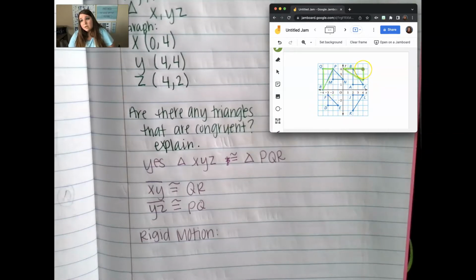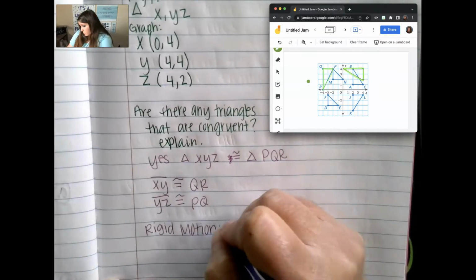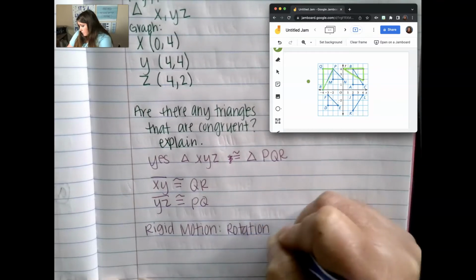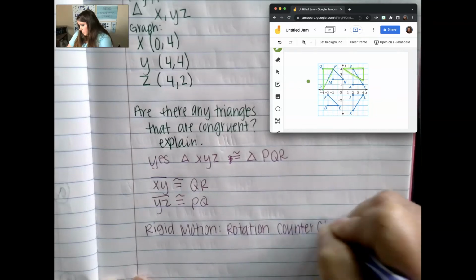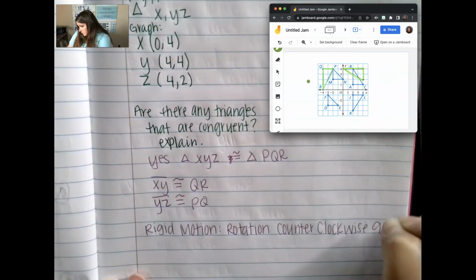So if we're starting in this quadrant and we're rotating this direction, it is a rotation that's counterclockwise 90 degrees. So rotation, counterclockwise, 90 degrees.